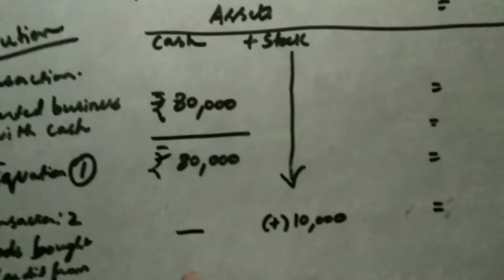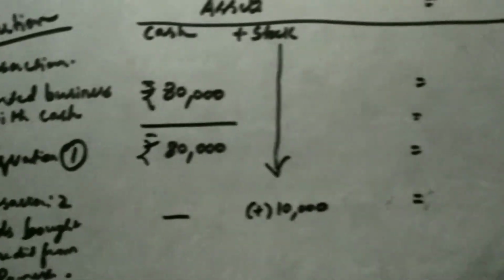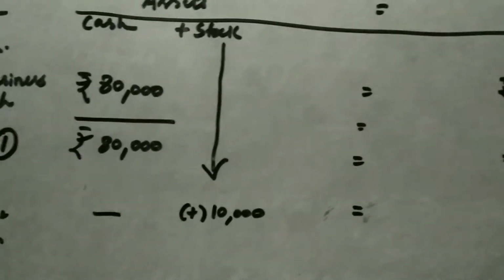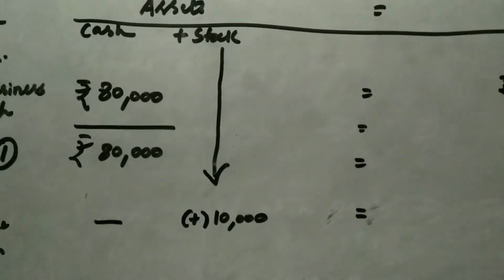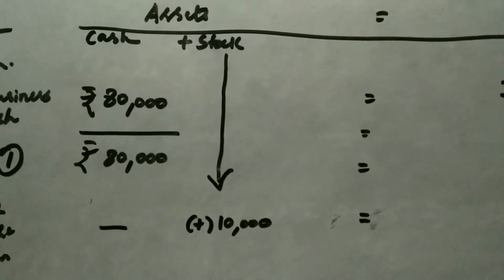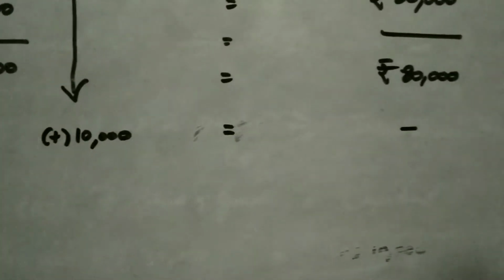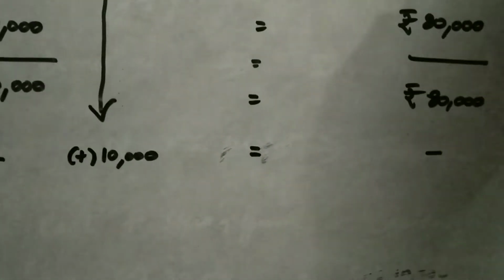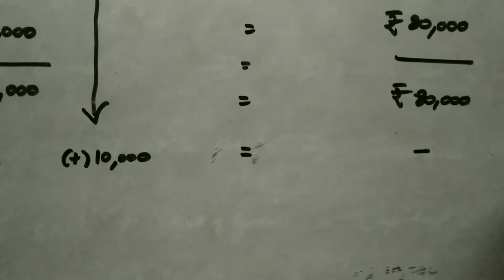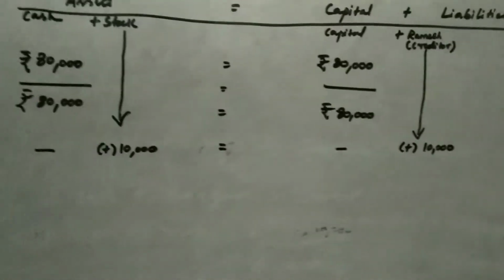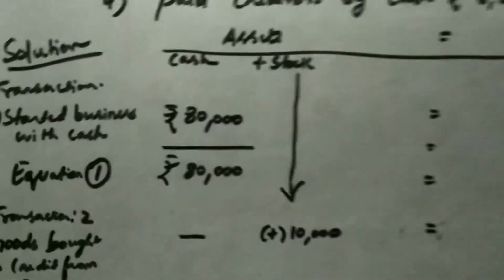Or if you don't want this, you can even change it to a 0 as per your wish. And again, for your understanding, I am going to bring this arrow mark. You have Ramesh. This is our second transaction.